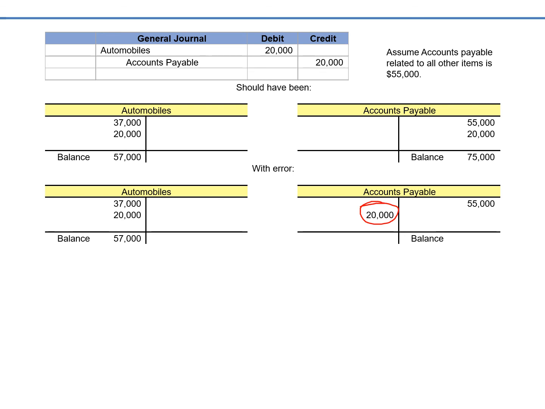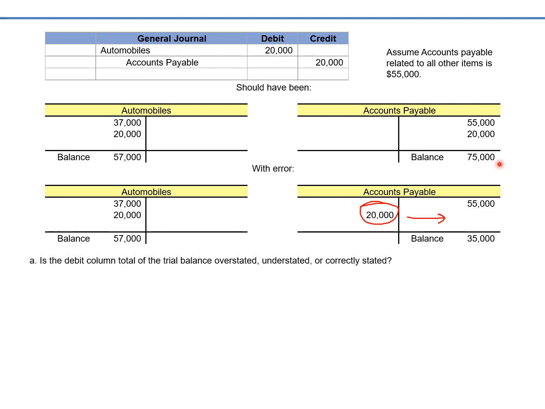We posted it here and it should have been over here, right? So what's happened is 55,000 less 20,000 gives us a balance of 35. And so our balance of 35 with the error should have been 75 if it was done correctly, because we erroneously reduced this by 20,000, right? Should have been 75.